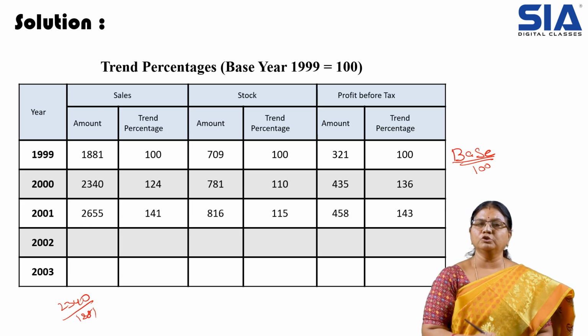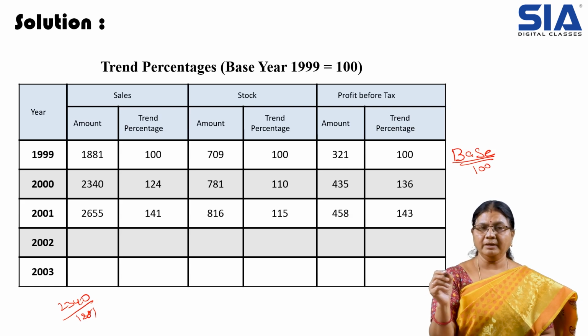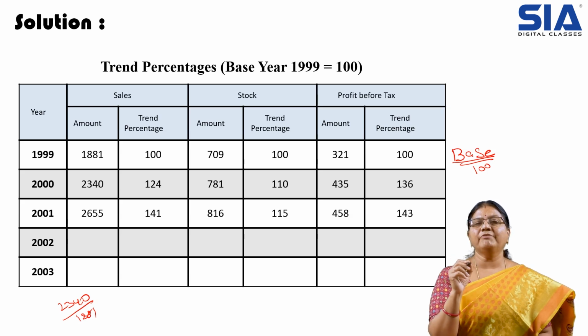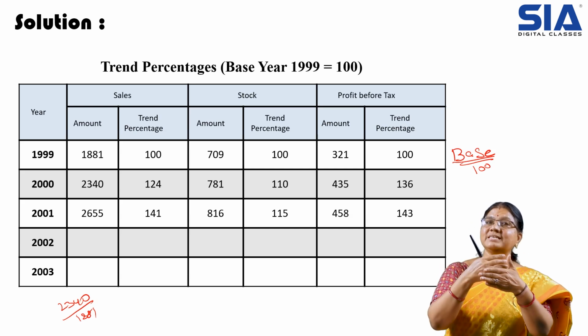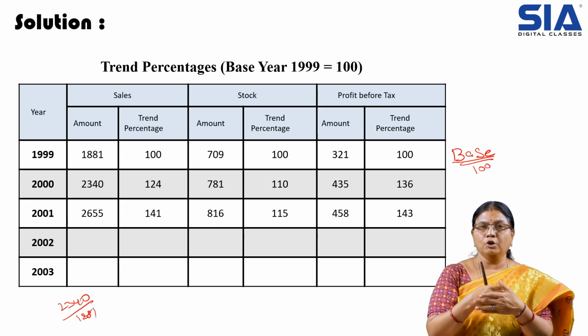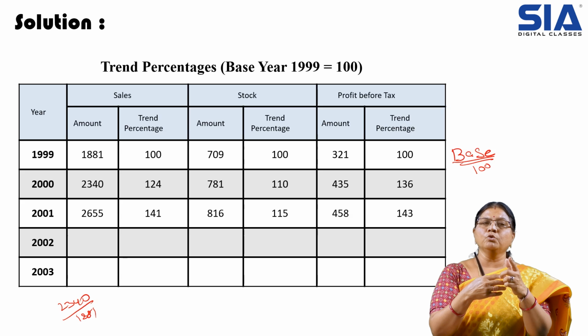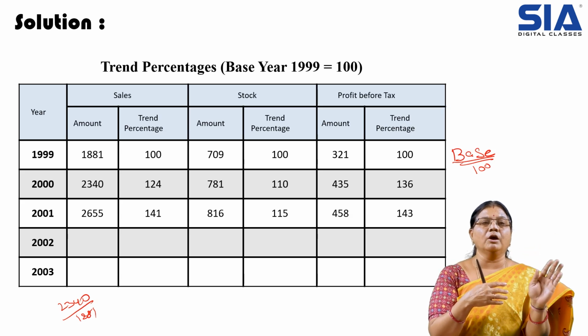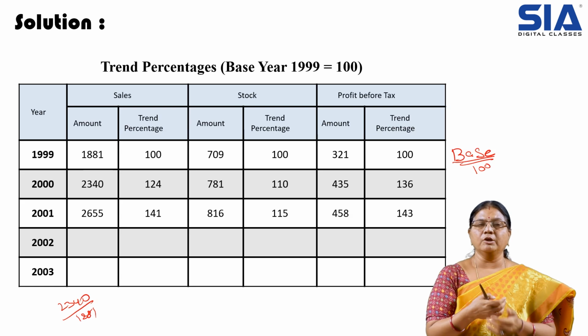In the similar way for 2001, 2655 by 1881 is 141%, 816 divided by 709 is 115%, and 458 divided by 321 is 143. So always we have to take the base year only as the denominator, not the previous year. When we are calculating 2001 also, you have to take 1881 but not 2340. Keep in mind that the base year should always be the denominator.